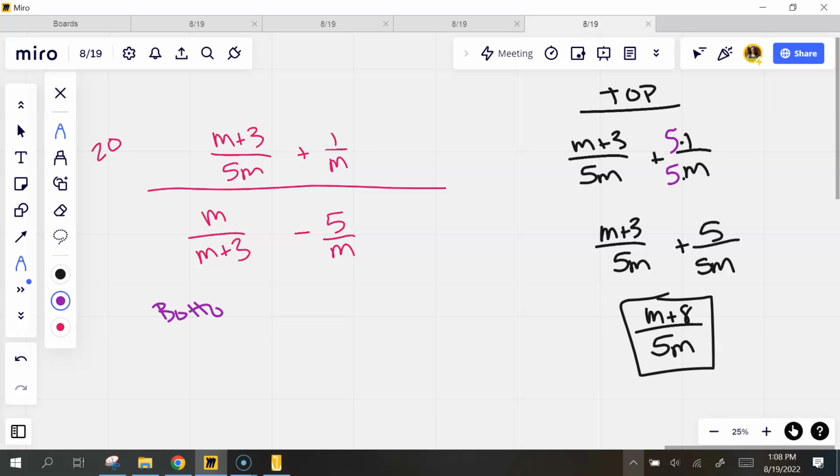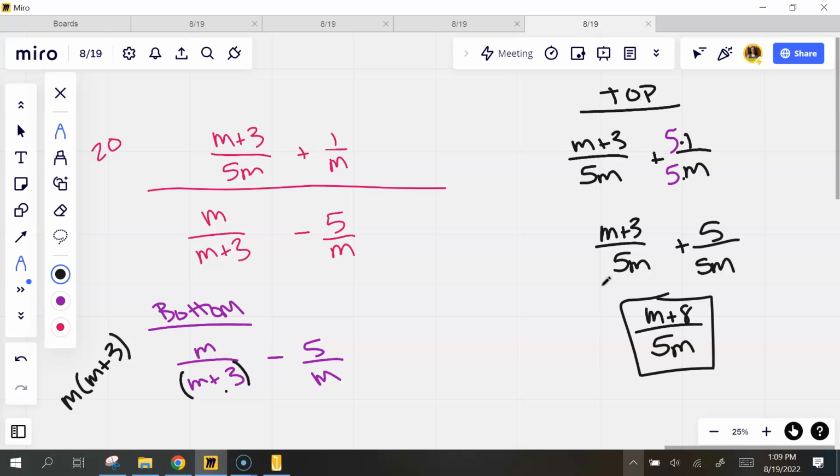Bottom. Who needs what? Well, you got to look at it as a whole piece, as m plus 3. So if I think about my common denominator, it is going to be m times (m plus 3).